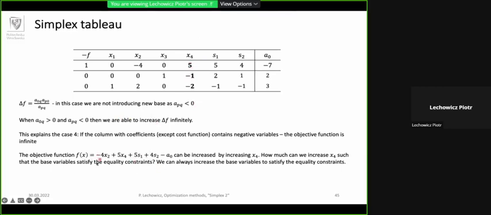So, for example, this is our equation, and we can increase the value of the objective function by increasing the variable x4.